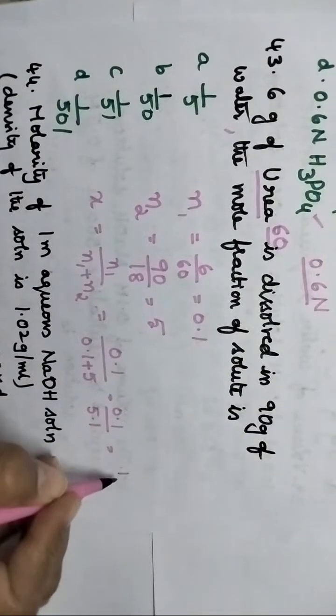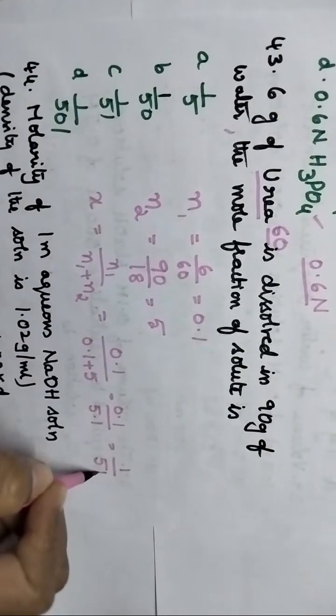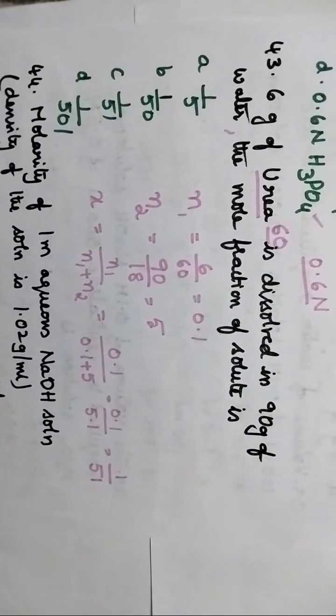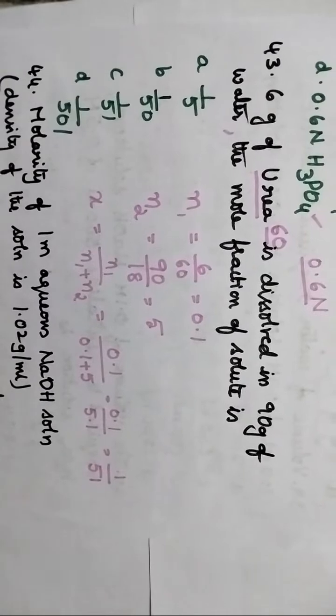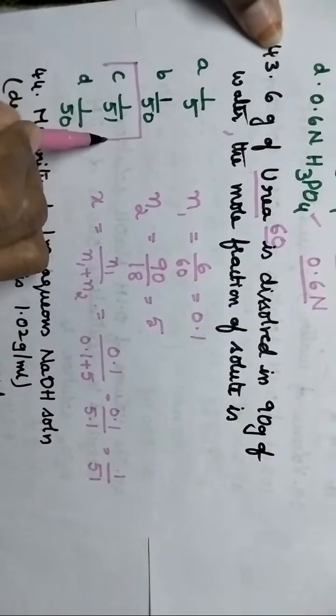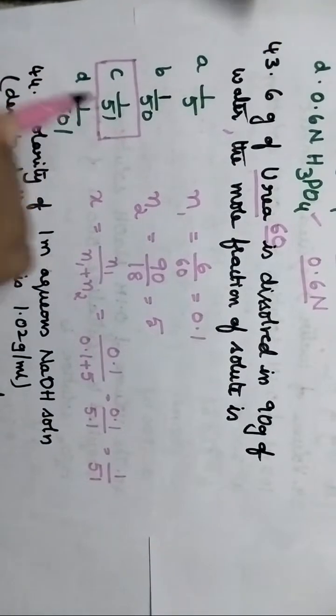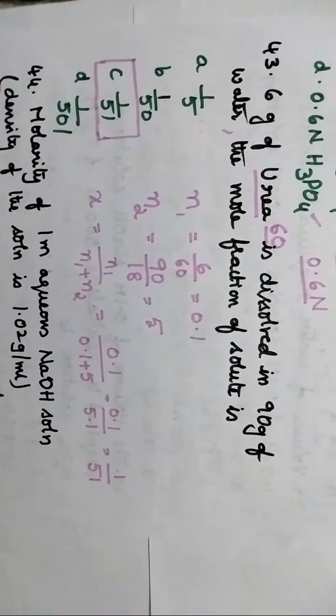It's very simple, 1 divided by 51. So what is your answer? Yes, option C, 1 divided by 51 is the mole fraction of urea. Very good, Suhani. Leela, Sai, very good.